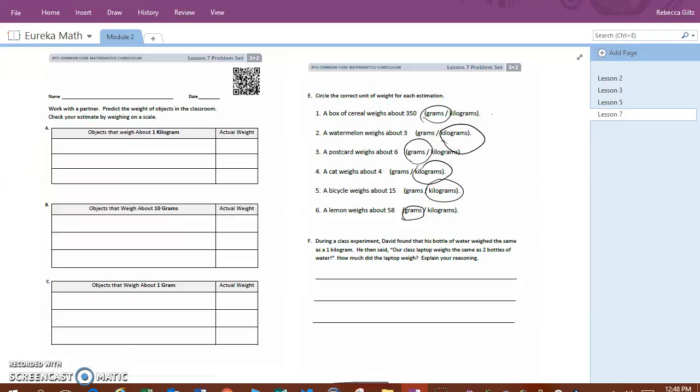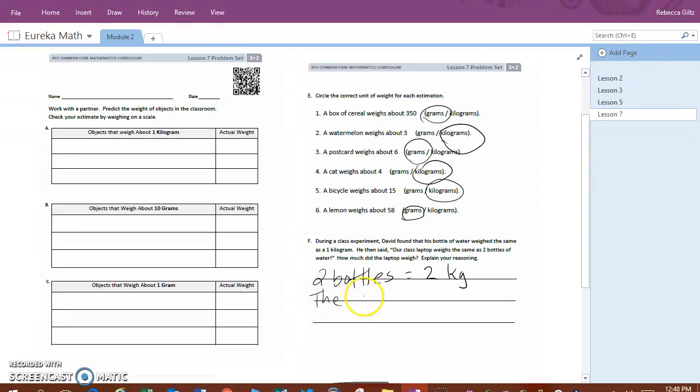Okay, well, if a bottle of water is 1 kilogram, then 2 bottles would equal 2 kilograms, right? So that must mean the laptop weighs 2 kilograms.